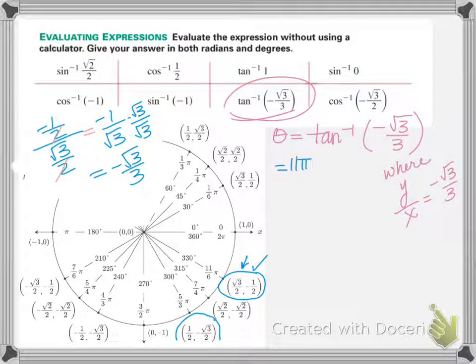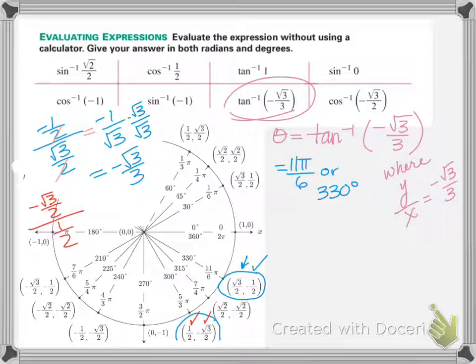Our answer is going to be 11 pi over 6 or 330 degrees. If you're not sure why the other one didn't work, I can do it really quickly right here. If we did y over x on this one, it would have been negative square root of 3 over 2 over 1/2.